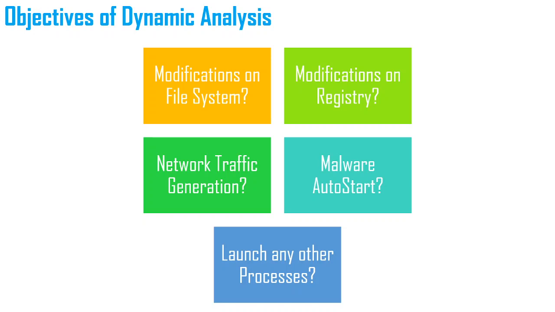I'm going to monitor the network traffic. If the malware is going to generate some network traffic, I'm going to monitor. If this malware is going to auto start and be persistent in my system, I'm going to monitor. If this malware is going to launch some process, then I am going to monitor. So these are all the objectives of dynamic analysis.